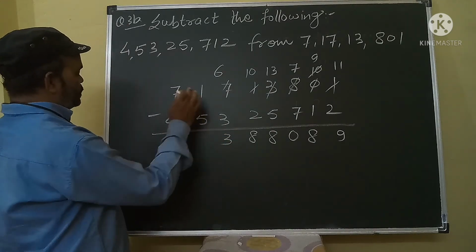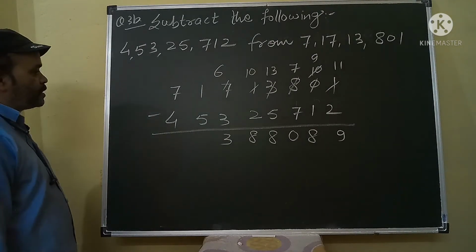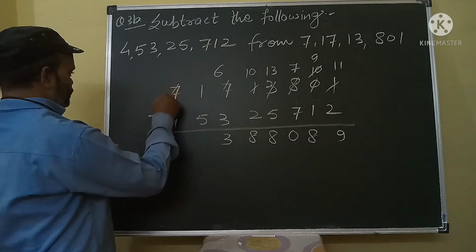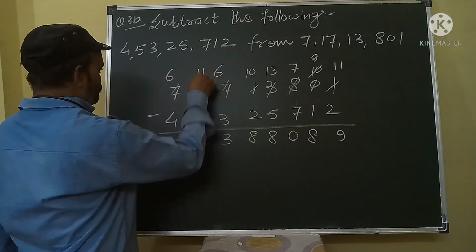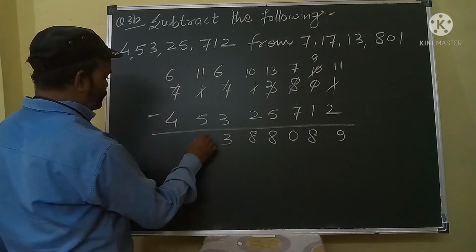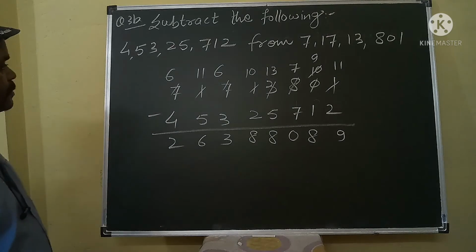This is 5, this is 1. We cannot subtract 5 from 1. So we take one number borrow from 7. 7 converted to 6 and this 1 converted to 11. 11 minus 5, 6. 6 minus 4, 2. Okay.